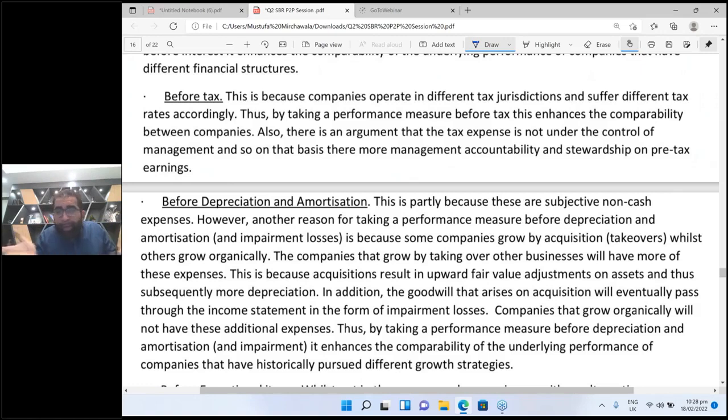If you compare these two, in the first company there is a goodwill, in the second company there is no goodwill. The company in which you have recognized the goodwill, you are also booking the amortization or impairment, but in the second company there will be no amortization or impairment. So these two books are not comparable, so better take a profit which does not contain these amortization and depreciation, so that now the books will be comparable.